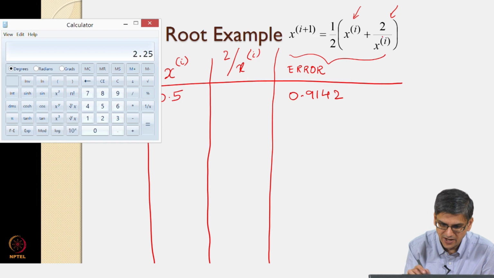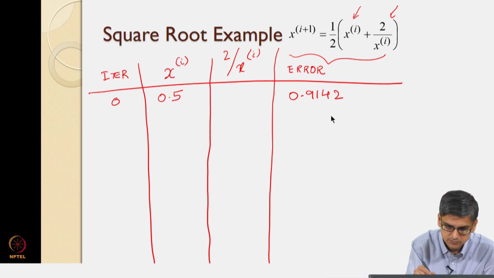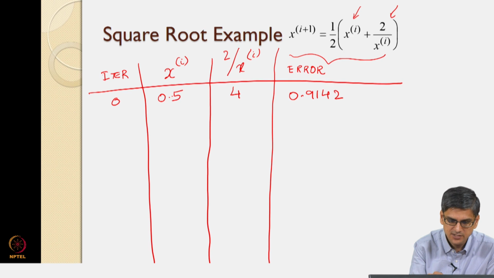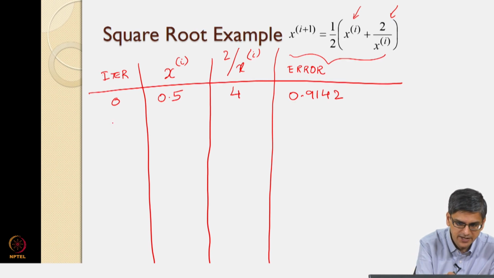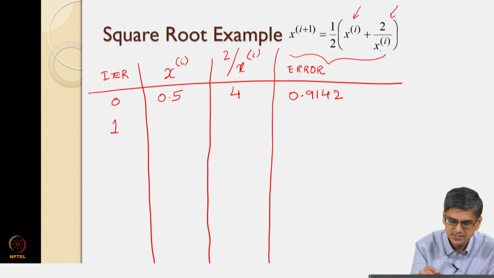So the value we get at iteration 1, x i plus 1, is half multiplied by 0.5 plus 2 divided by 0.5, which is 4. So half multiplied by 4.5, and that is 2.25.